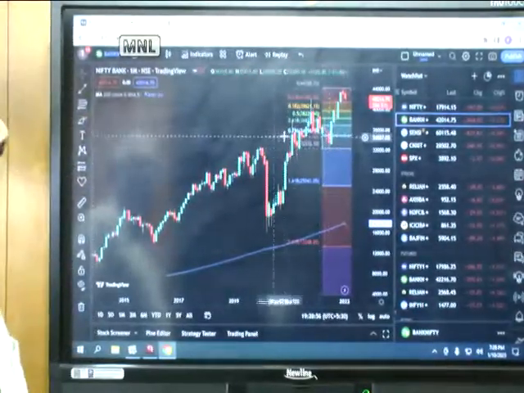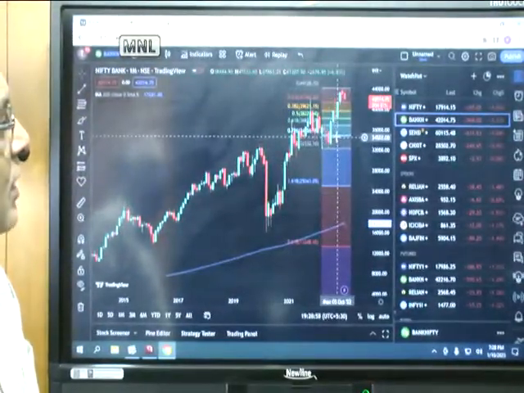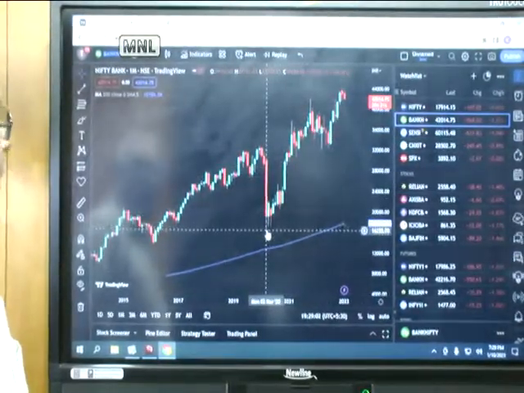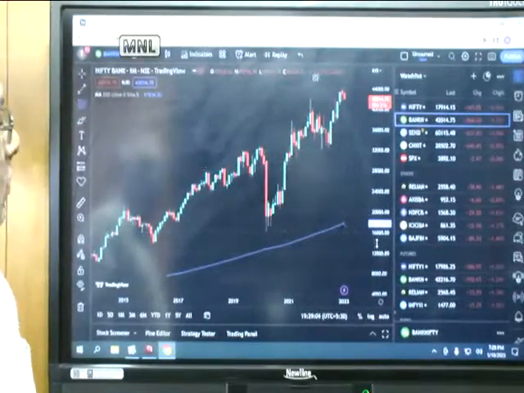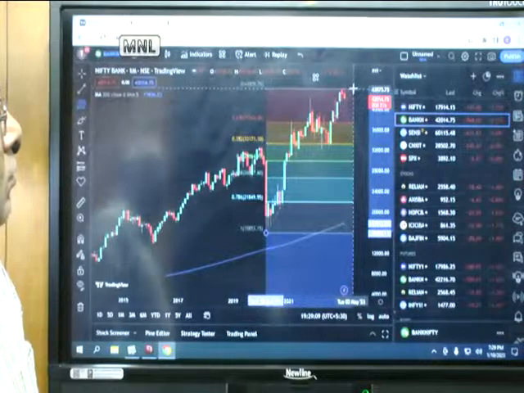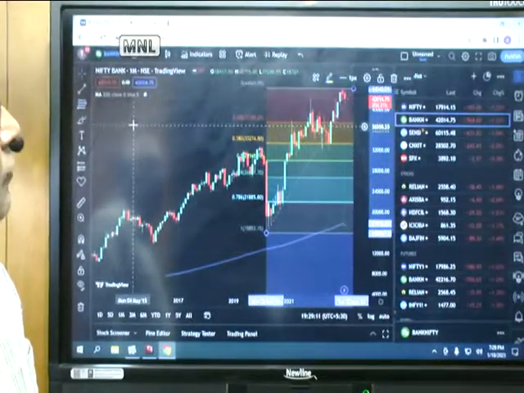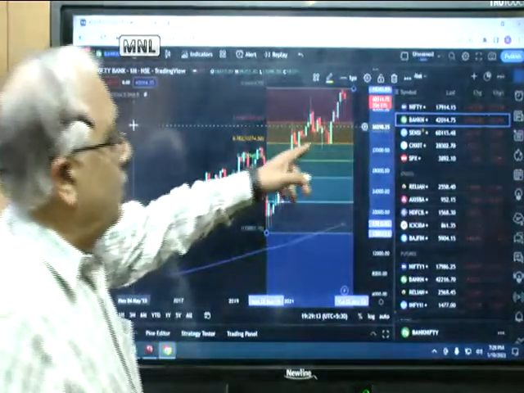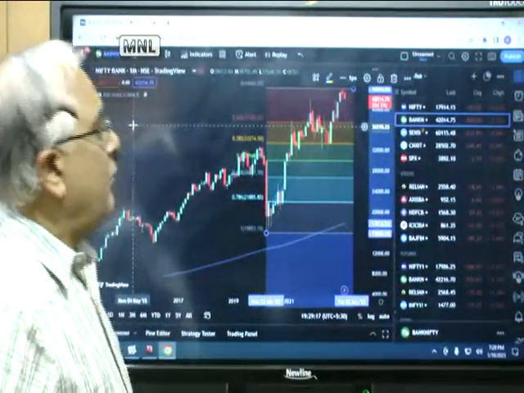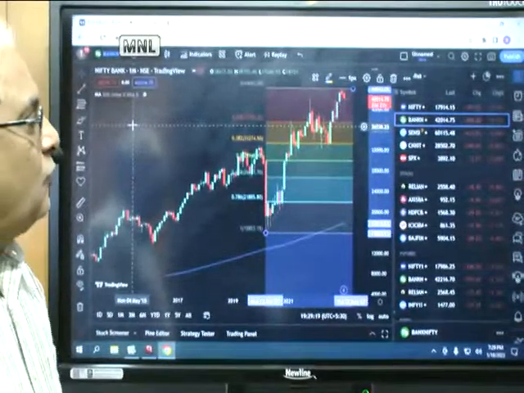Now we will do the same Fibonacci from a different place. That is 23.5%, let us say from this level. So that comes to 37,390, and I don't think we should be looking at that. That's the worst case scenario.